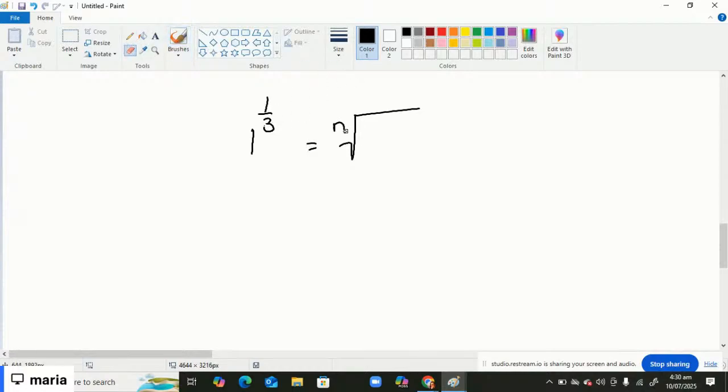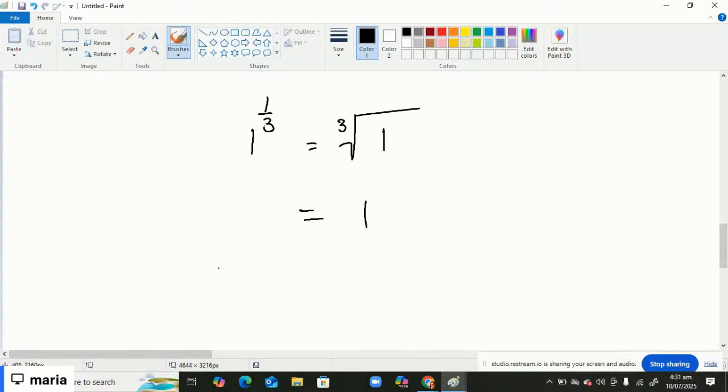So we write this as the 3rd root of 1. So the 3rd root of 1 is 1.